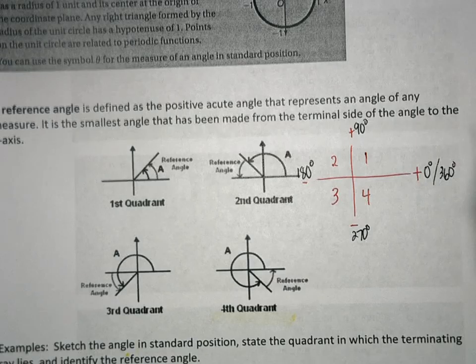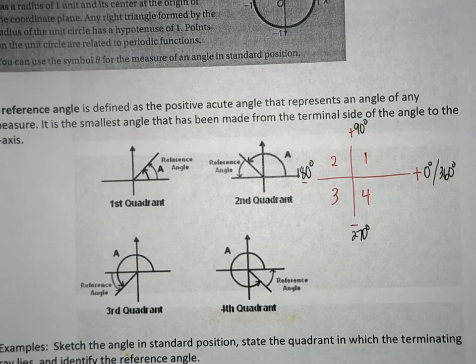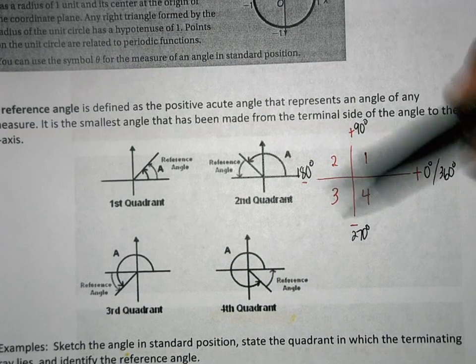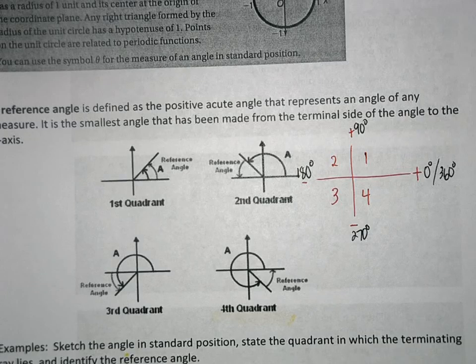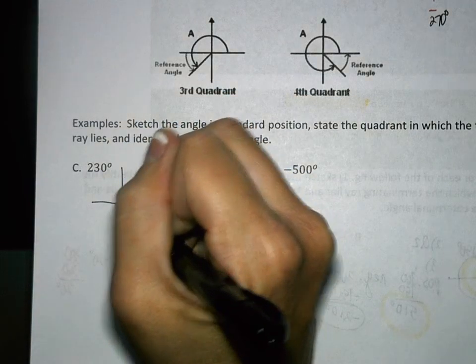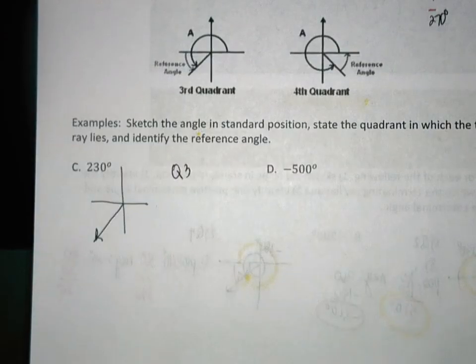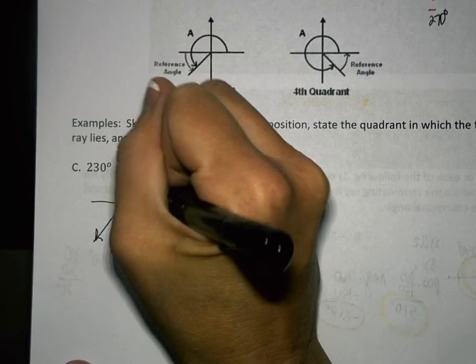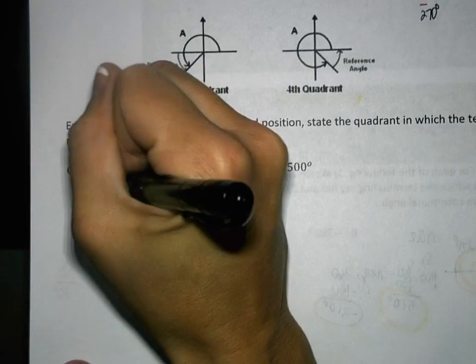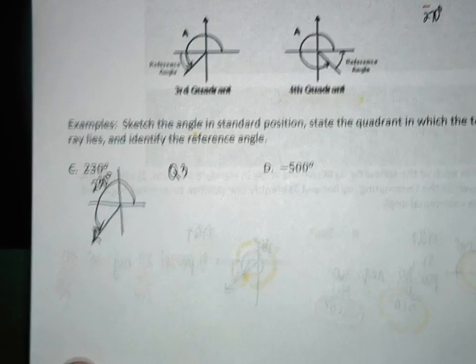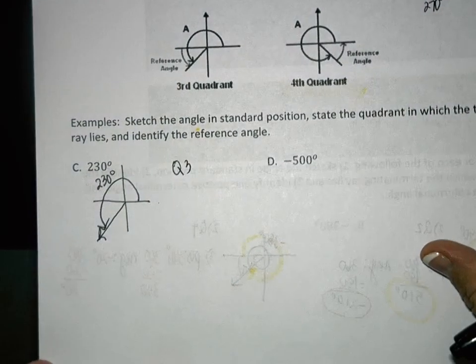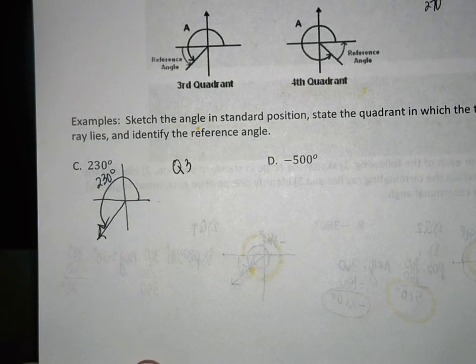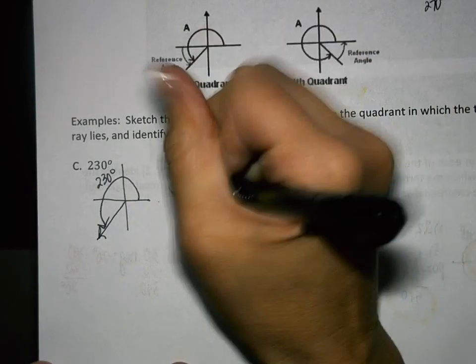And you could keep going around and adding by 90s. But 230 is in between 180 and 270 degrees. So we draw our terminating side there, and so this goes around to 230 degrees. Okay, quadrant 3, and my reference angle.